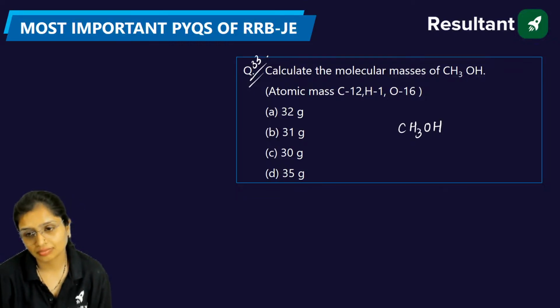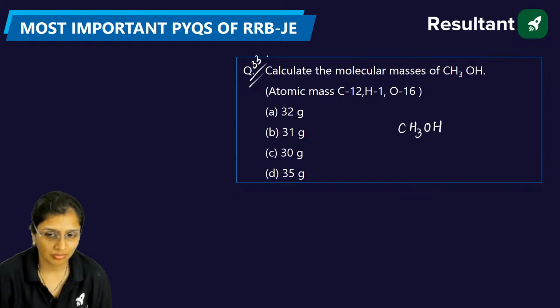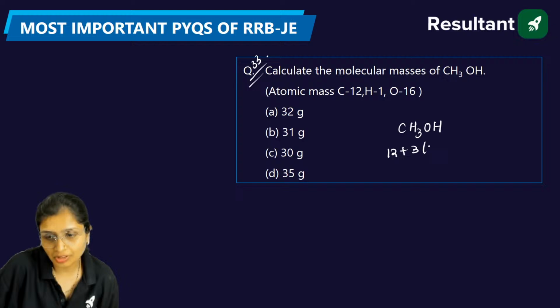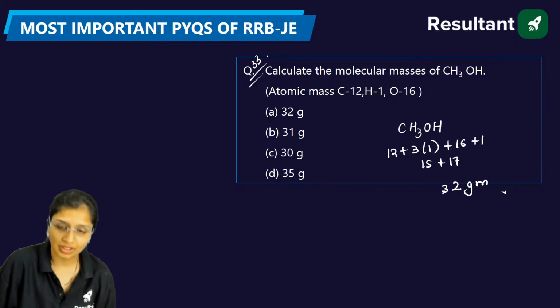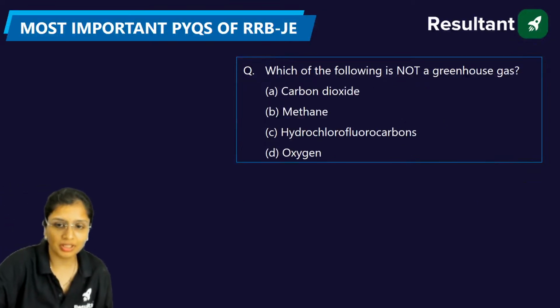Come on. Carbon 12. 3 moles of hydrogen. 16, 1. 12 plus 3 is 15. 16 plus 1 is 17. This will be 32 grams. Correct.